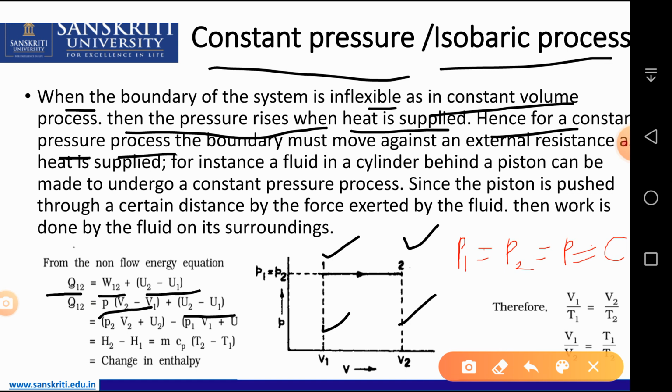So arrange this relation in the form P2 V2 plus U2 or P1 V1 plus U1. Enthalpy is just the sum of the internal energy plus flow energy. So H is equal to U plus PV, giving H2 minus H1.